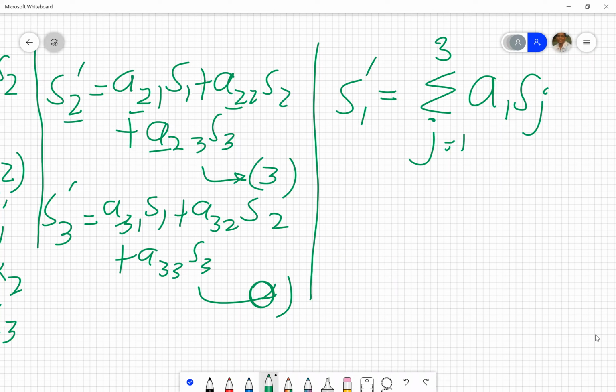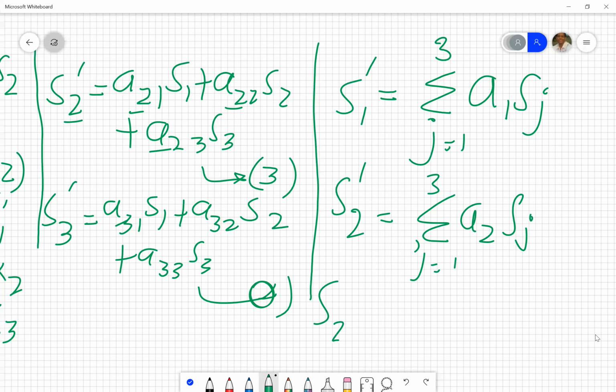The second equation can also be written as s2 dash is equal to the sum over j equal to 1, 2, 3 of a2j sj. This is how the equation is written in that format. Similarly, you can write s3 dash as the summation over j equal to 1, 2, 3 of a3j sj.